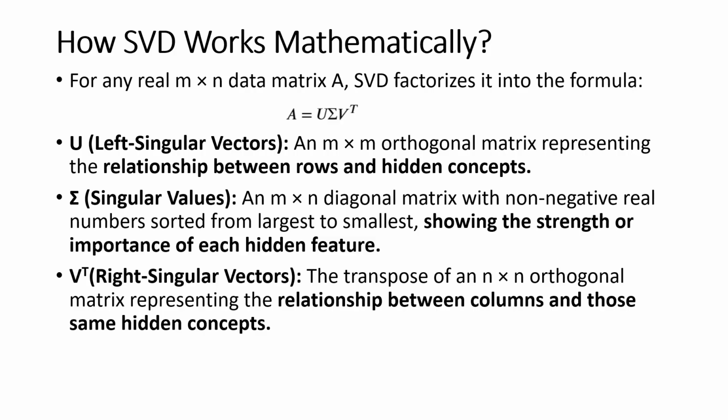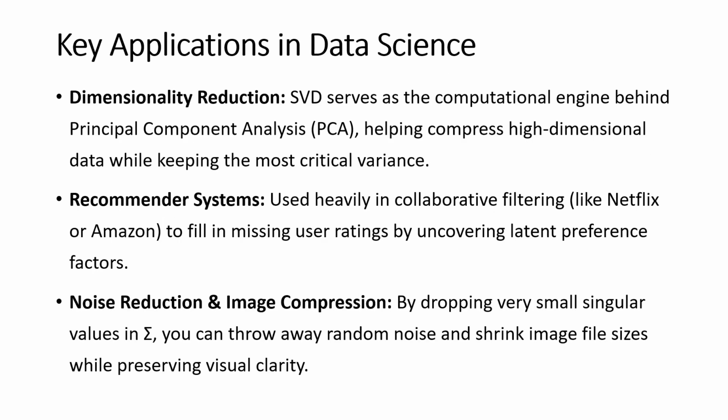U represents the left singular matrix, an m by m orthogonal matrix which shows the relationship between the rows or the samples and the hidden concepts. You have to study the dimension of each matrix: V raised to t is n by n, sigma is m by n, and U is m by m. That is the mathematical definition of SVD.